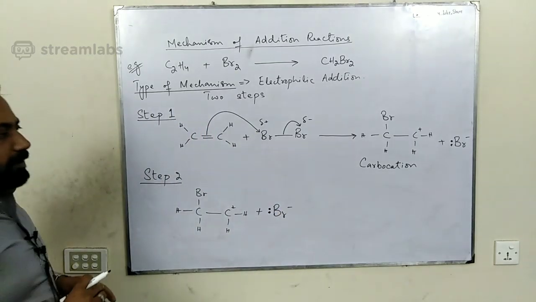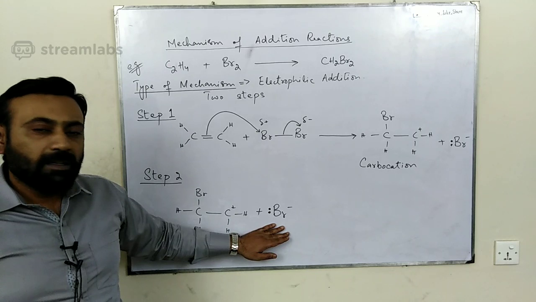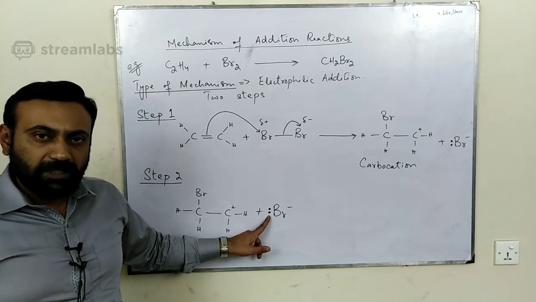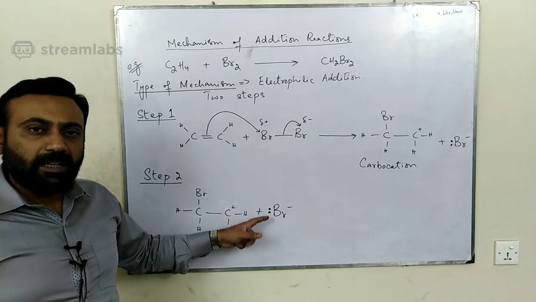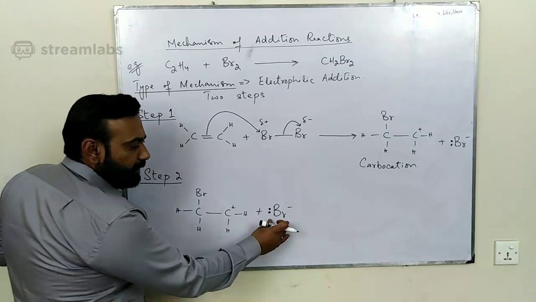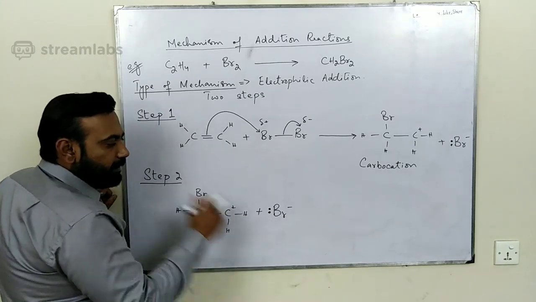When you are showing anything as a nucleophile, you have to draw this pair of electrons with it, because you have to draw the arrow starting from this electron pair, and in this case there will be an attraction between this positive ion and this negative ion.